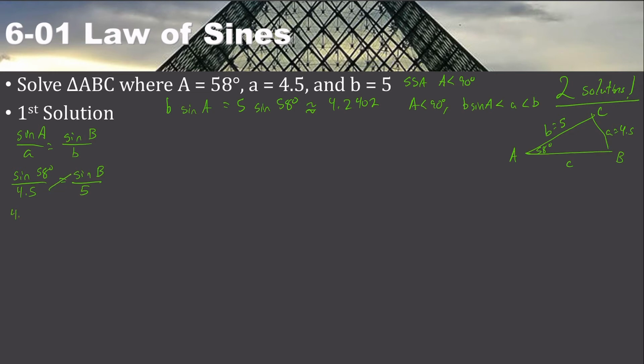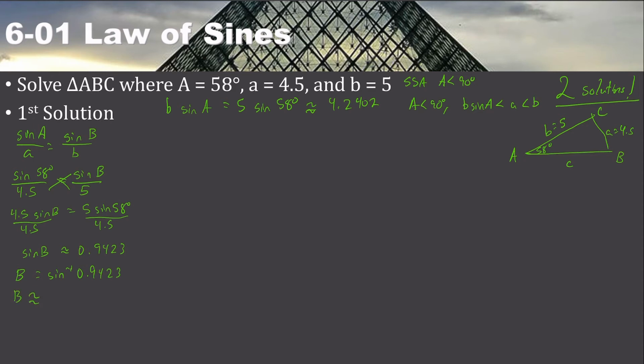Cross multiply. And then to solve for B, I'll need to divide by the 4.5 to get the sine of B by itself. Okay, so that's about 0.9423. To find angle B, we'll have to use the inverse sine.